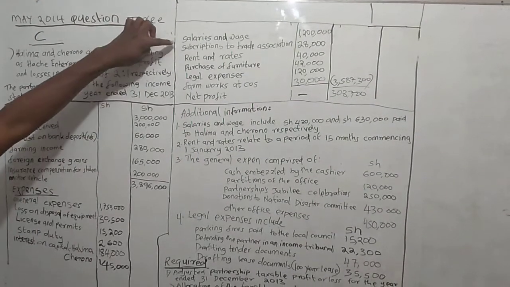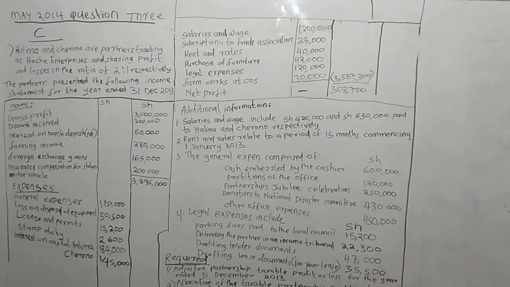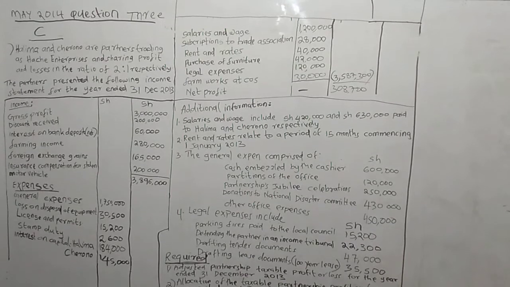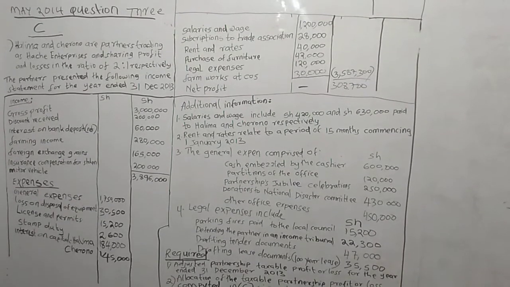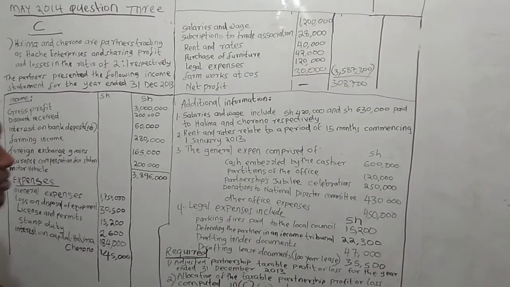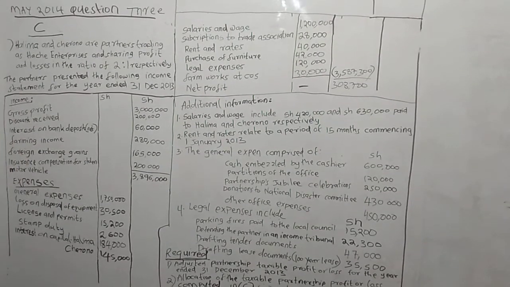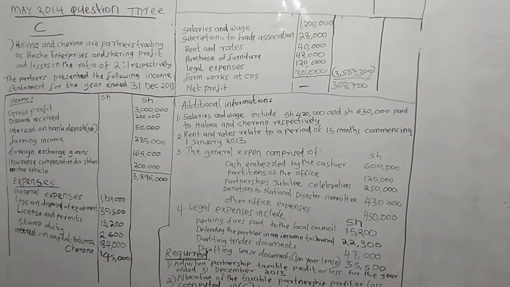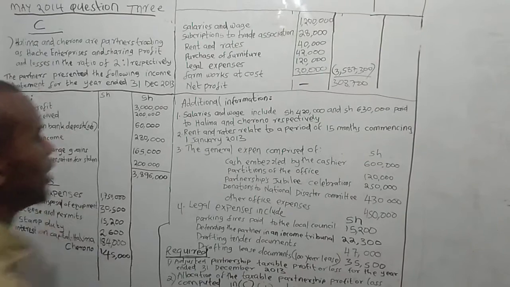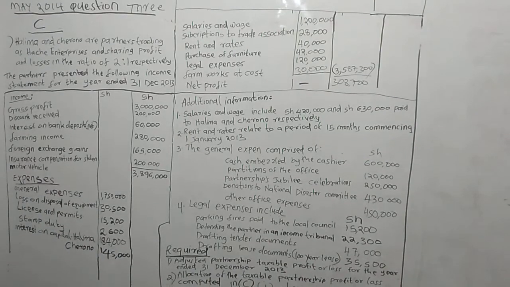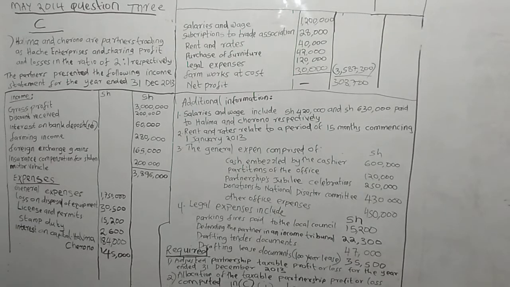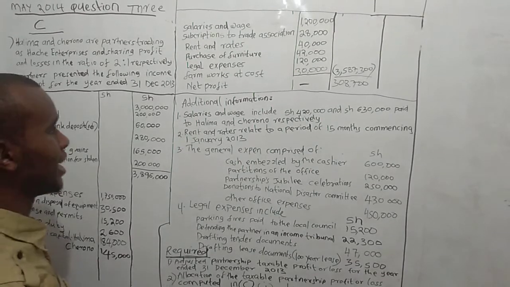Next, salaries and wages 1,200,000, subscription to trade association 28,000, rent and rates 40,000, purchase of furniture 42,000, legal expenses 120,000, farm works at cost 30,000. Total expenses 3,587,300. Then the net profit is 308,700.